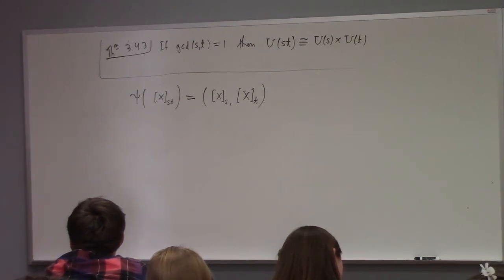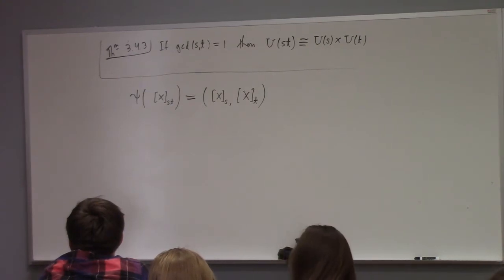This defines the isomorphism from U(ST) to U_S cross U_T. That's it. The proof that that is an isomorphism has many stages. First of all, you need to show the map is well defined, right? Because I'm defining it in terms of representatives of cosets. There's a question there that needs to be answered.